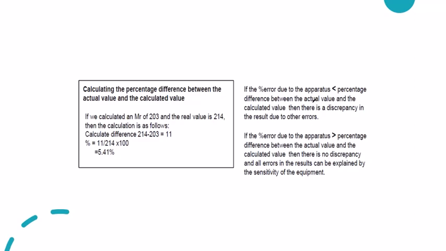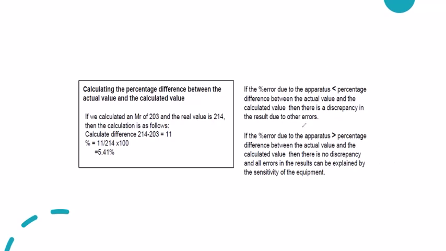If the percentage error is less than the percentage difference between the actual and the calculated value, it means the error in the result is due to other errors.